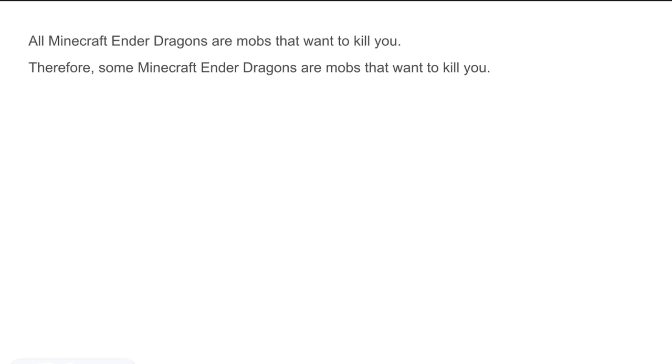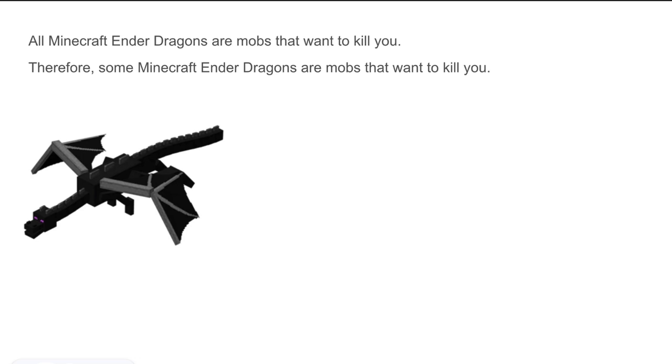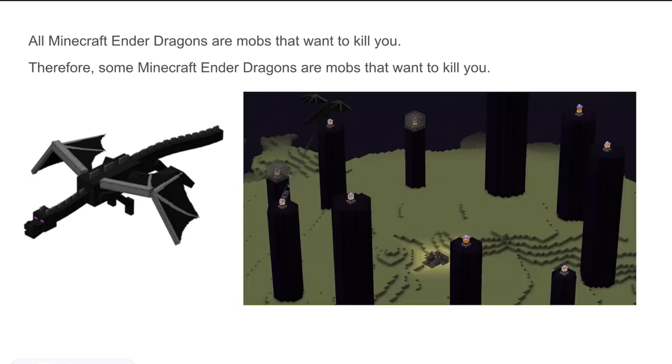So all Minecraft Ender Dragons are mobs that want to kill you. That's our statement. Therefore, some Minecraft Ender Dragons are mobs that want to kill you. So this sounds like subalternation. We're talking about this guy, and how this guy lives in this realm, and you have to play the whole game to get to this realm.